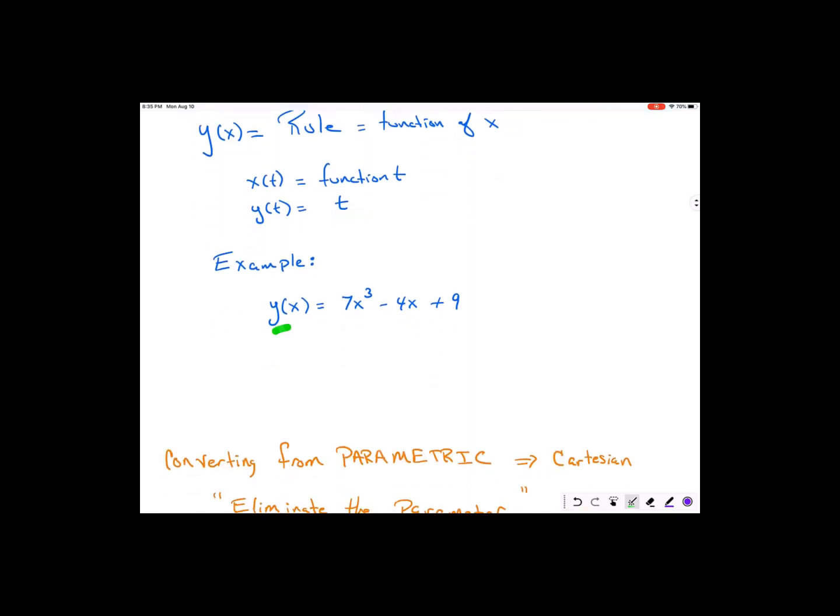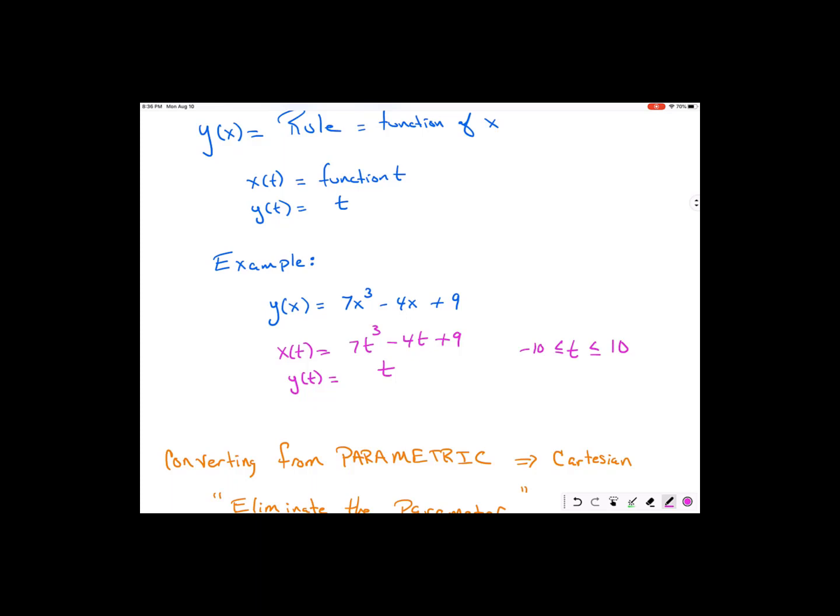So for example, I have this equation, y of x equals 7x cubed minus 4x plus 9, and I want to parameterize that. Well, all I would need to do then is say that x of t is equal to 7t cubed minus 4t plus 9, and y of t is equal to t, and then choose a starting point and ending point.